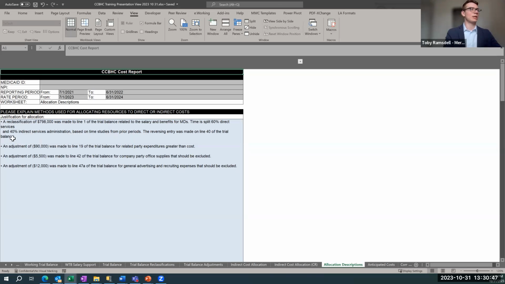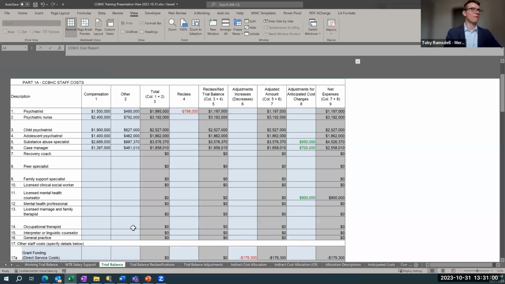And they're based on that percentage and consistently applied to both salary and benefits. So that amount that's reclassified represents 40% of both the psychiatrist compensation and other, which would include the benefits. So that is the reason for that specific amount of reclassification.